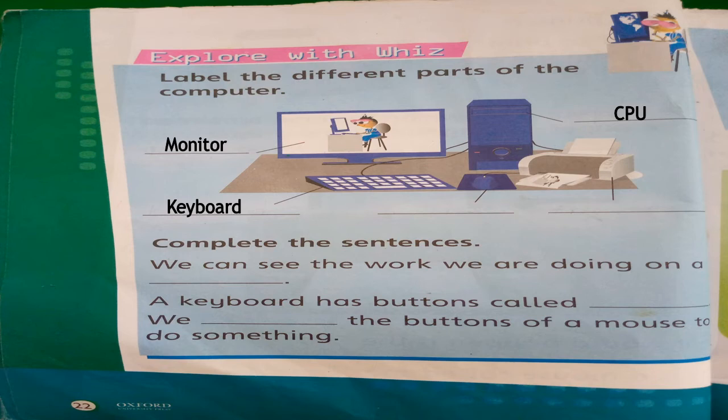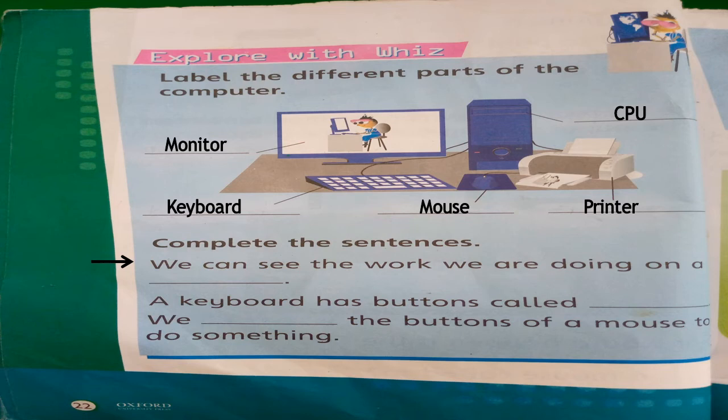This is a keyboard. Keyboard spelling: K-E-Y, key, B-O-A-R-D, board. Keyboard. This is a mouse. M-O-U-S-E, mouse. And this is a printer. P-R-I-N-T-E-R, printer.